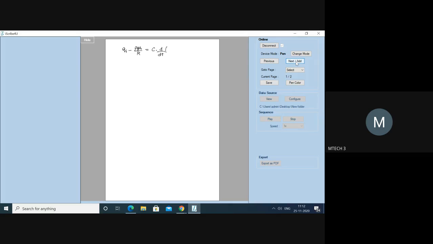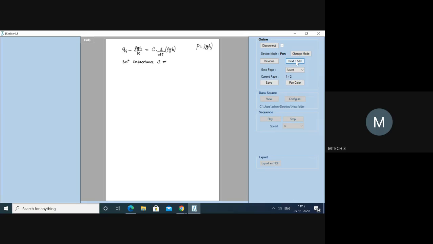What is pressure? Rho G H. Yes or no? Yes, sir. Okay, right. But what is capacitance C?